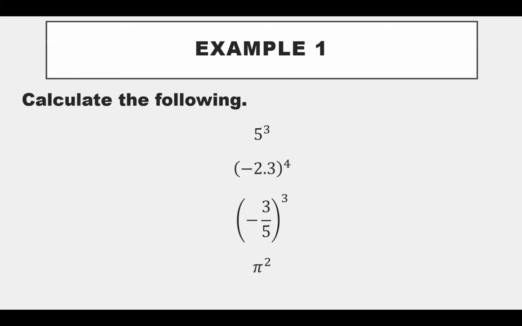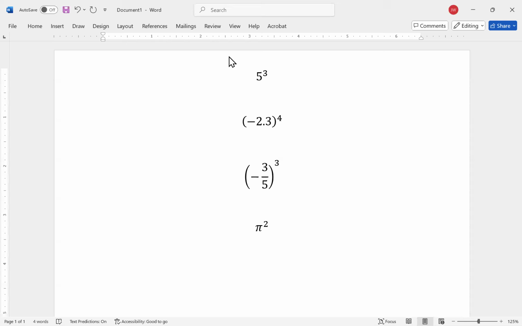Let's go ahead and calculate a few things. So if we take 5 to the third, there's two ways we can calculate that. 5 raised to the third power, or 5 raised to the exponent of 3, is 5 times 5 times 5, which we can do by hand.